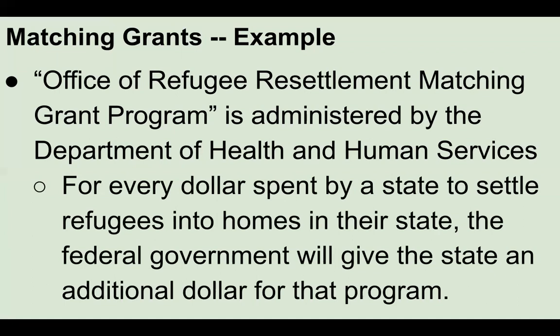A refugee is someone who had to leave the country that they used to live in because it was either unsafe or, maybe they lived on an island and then the ocean levels rose or something and they didn't have a house anymore. Whatever the case may be, they were forced to leave their old country and then they came to the United States and we got to put them somewhere.